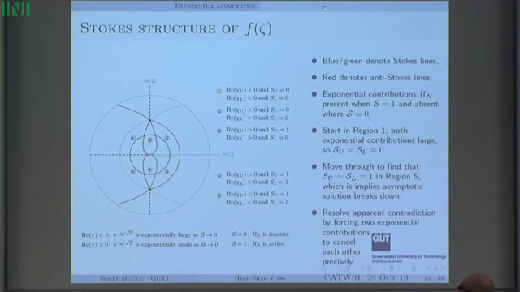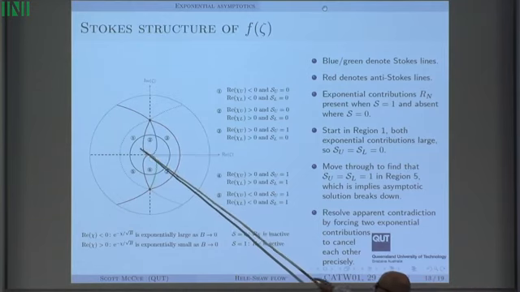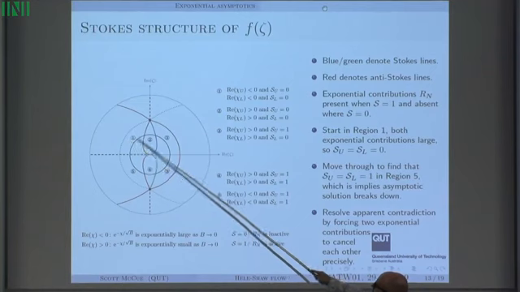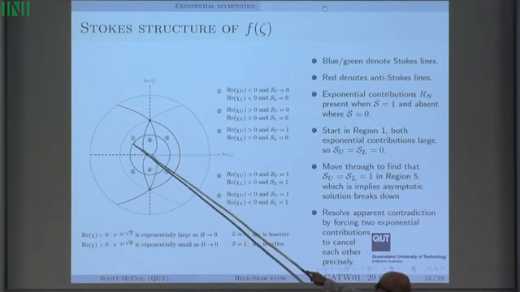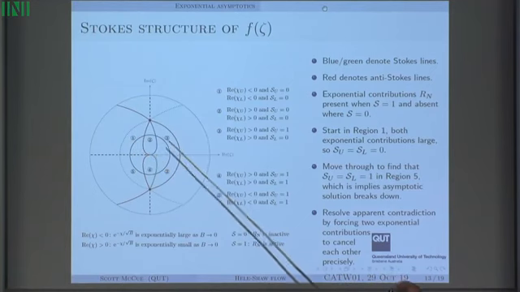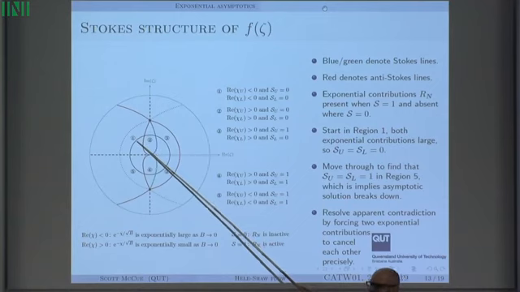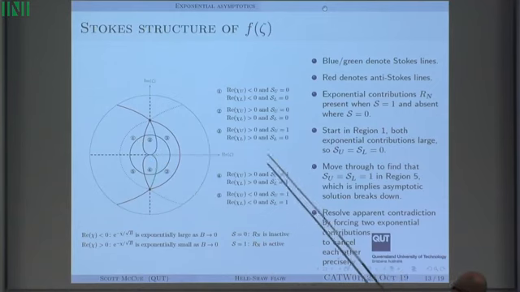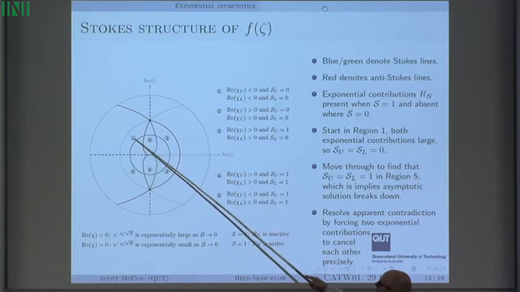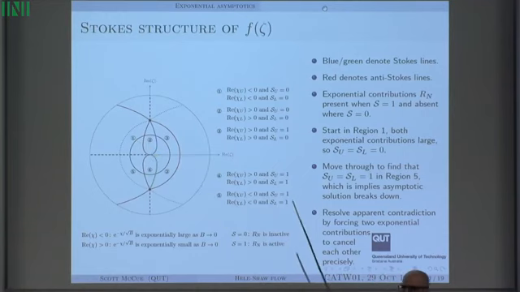Okay, so what I'm telling you is that there are some regions here, 1, 2, 3, 4, 5. In region 1, both of these exponential contributions are exponentially large, and that's because the real part of chi is negative over here. You know, it's e to the minus chi.